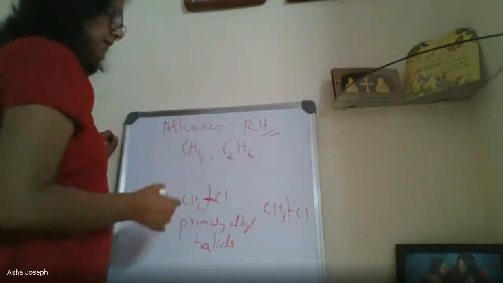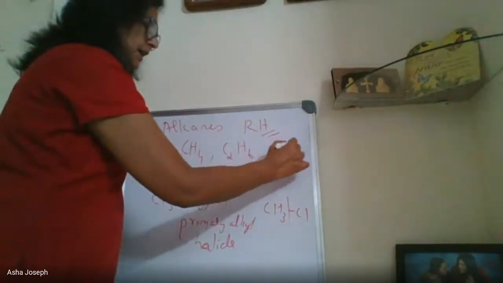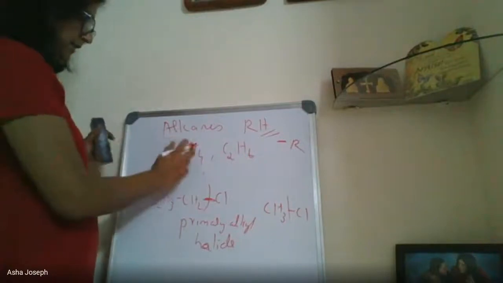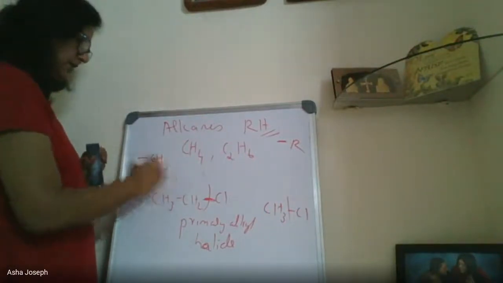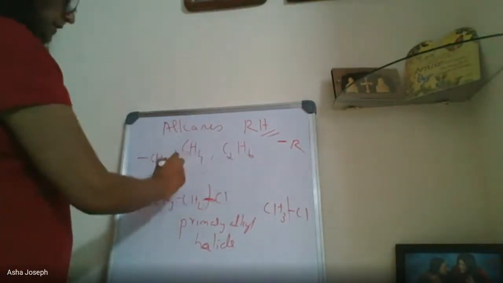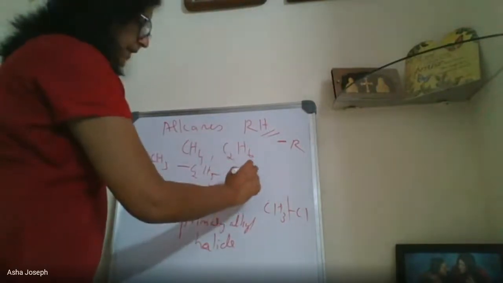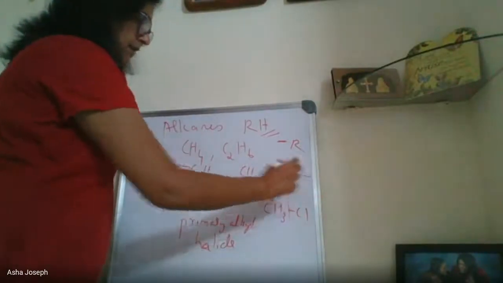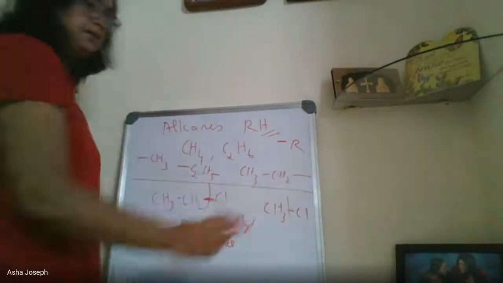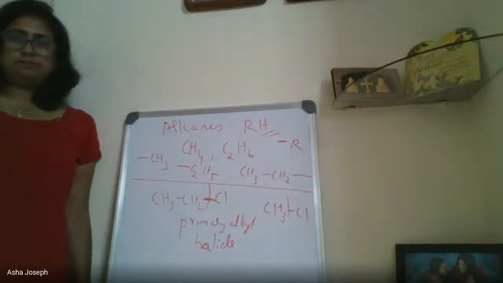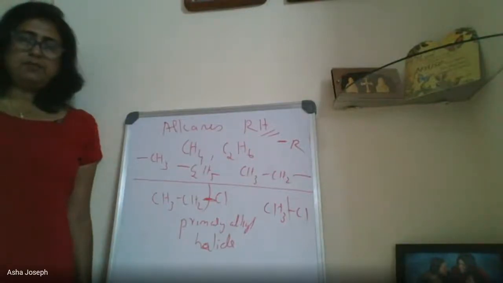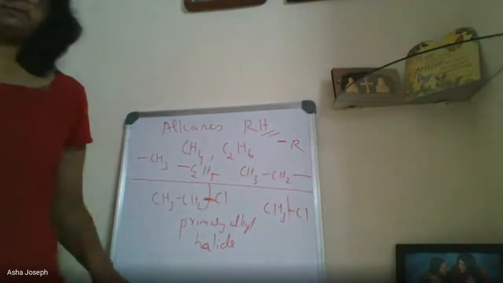If one H is removed, you will get an alkyl group. So here one H is removed, you will get a CH3 group. If one H is removed, you will get a C2H5 group. C2H5 is the same as CH3CH2. This and all we learned last year. So R is an alkyl group obtained from an alkane by removing one hydrogen. Is it okay? Yes, ma'am.